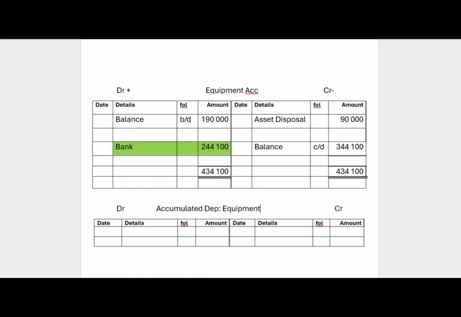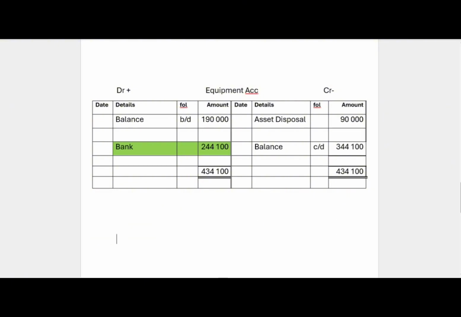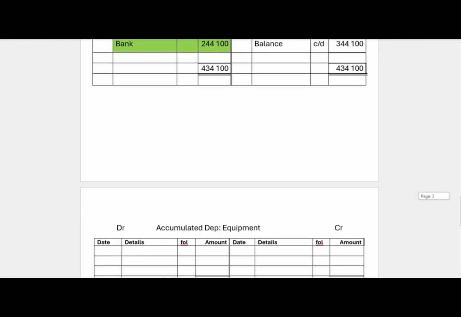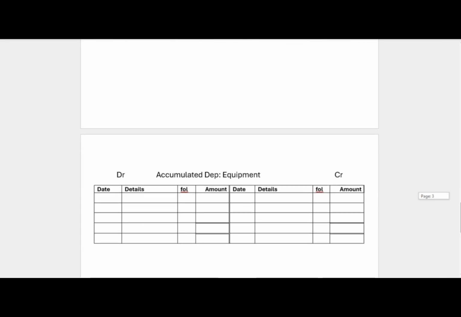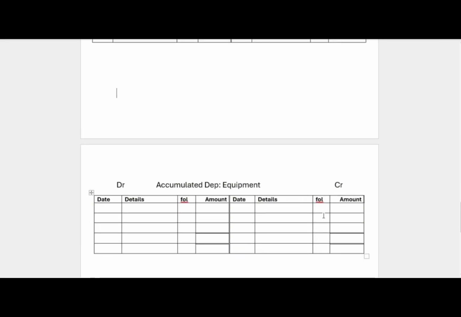All right. And then the depreciation account, remember, it increases on the credit side. So it means we need to put the opening balance on the credit side, the way it increases. Balance brought down.